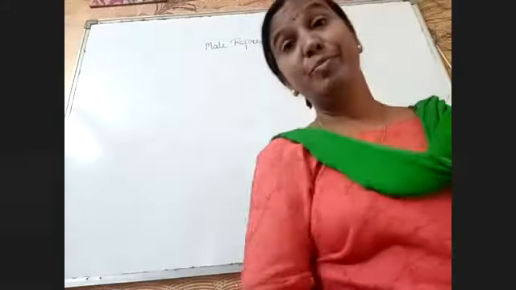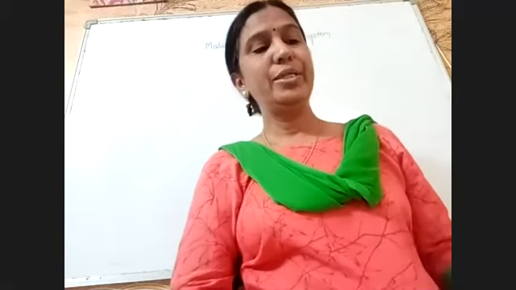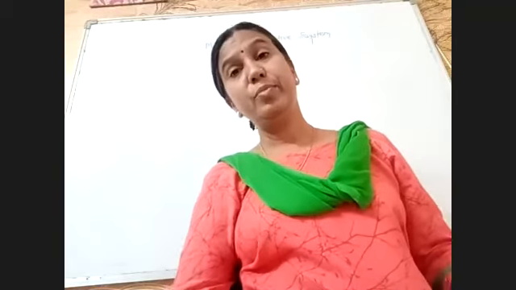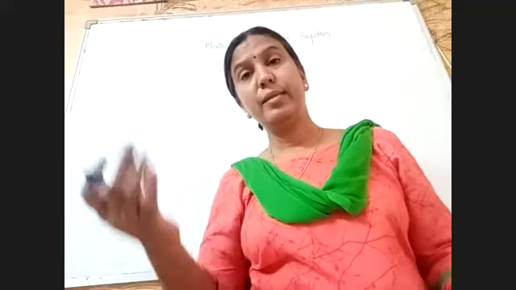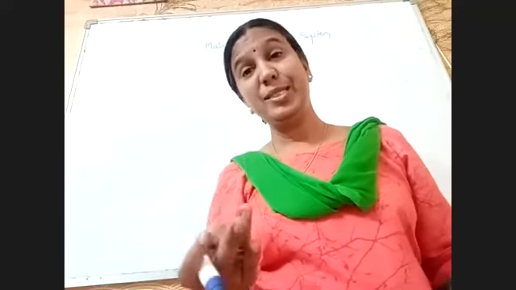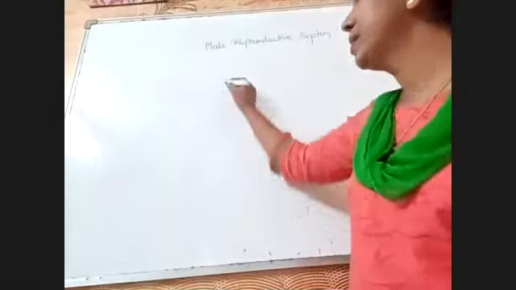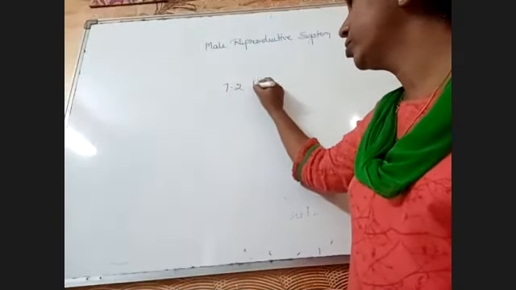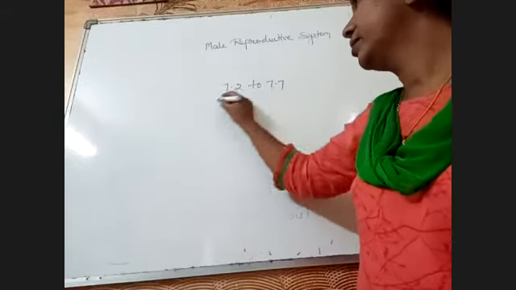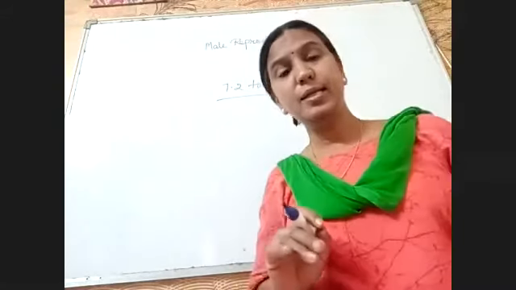So what is semen? It is the whitish, milky fluid secreted by the male reproductive glands. They are the seminal vesicle, prostate gland, and the Cowper's gland. Its pH is about 7.2 to 7.7, which means it is slightly alkaline in nature.